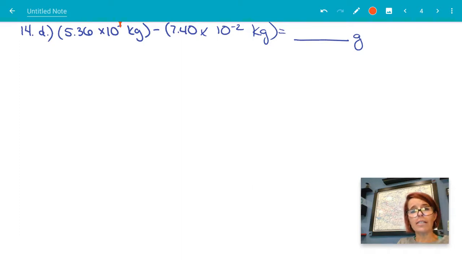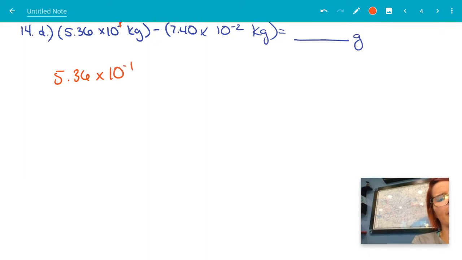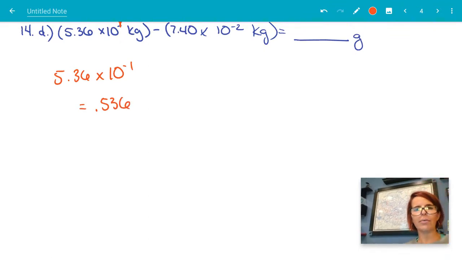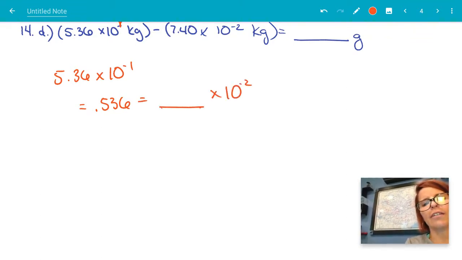In order for us to do this problem, they both have to have the same exponents. So I'm going to rewrite the 5.36 times 10 to the negative 1. That would actually be the same as 0.536. Now I want to write it so that it could be times 10 to the negative 2 and still come up with the same answer.